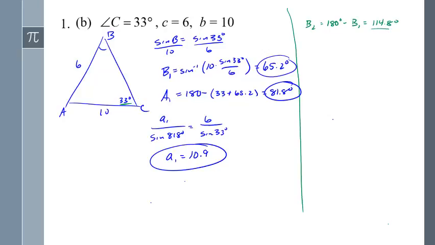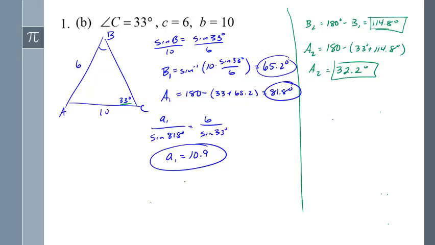And then my second triangle, now I'm going to use B, 114.8, and I'm going to follow the same steps. So angle A2 is 180 minus the sum of 33 plus 114.8. So A2 is going to be 32.2 degrees.